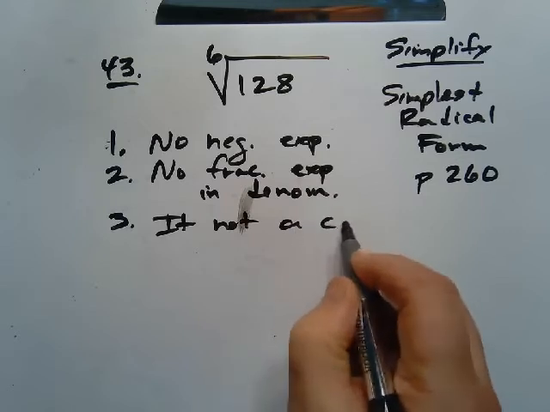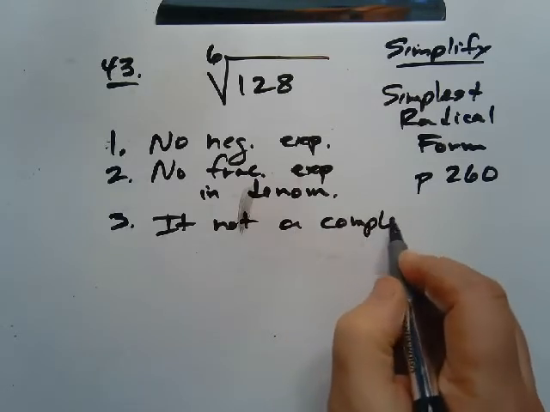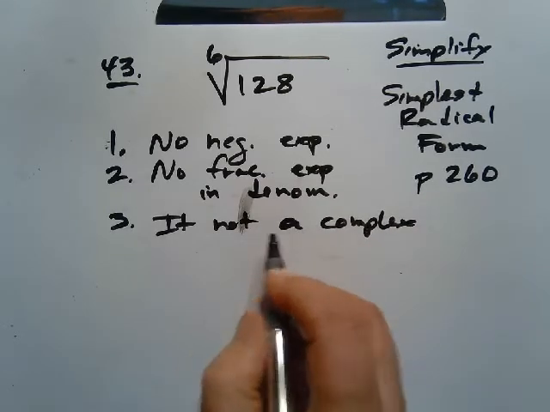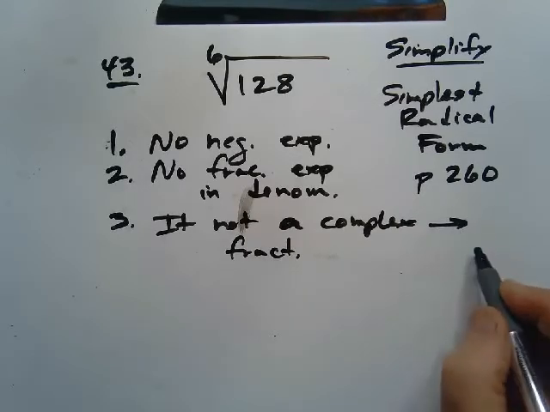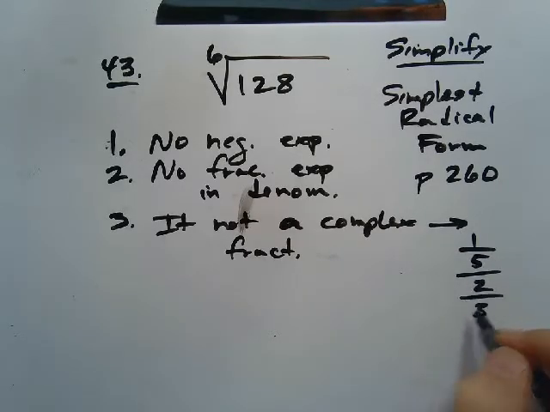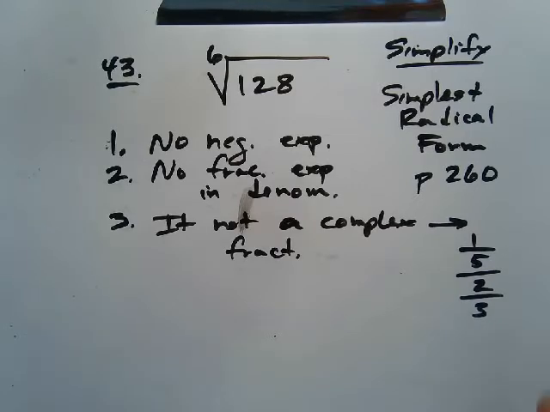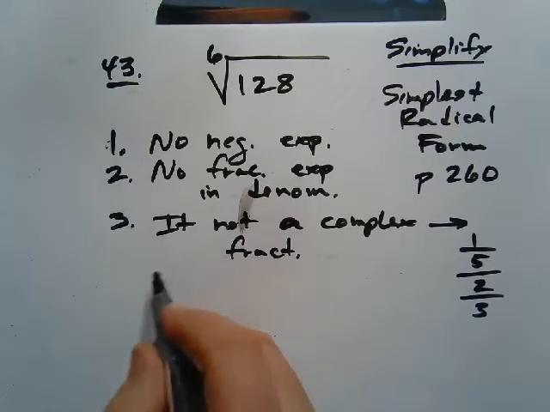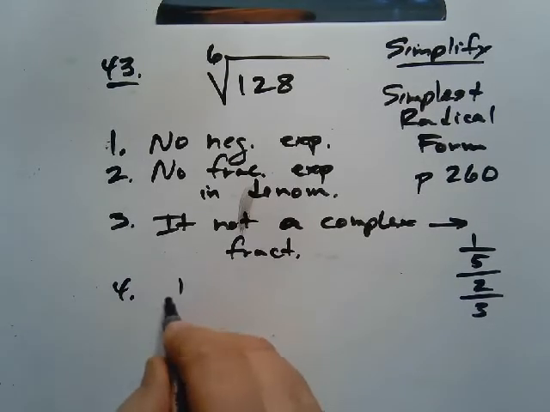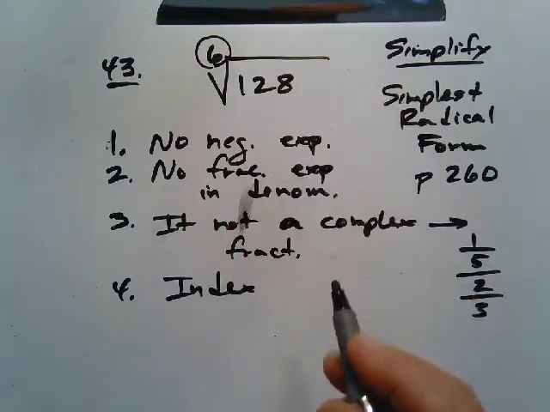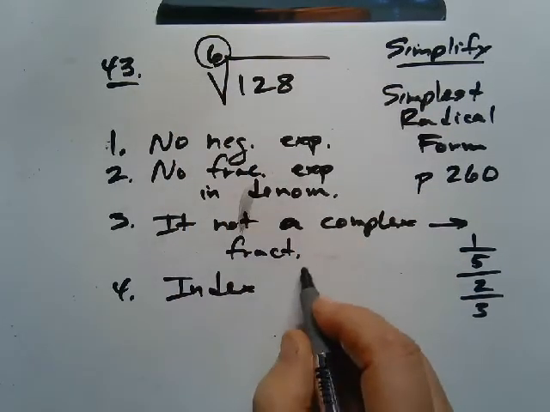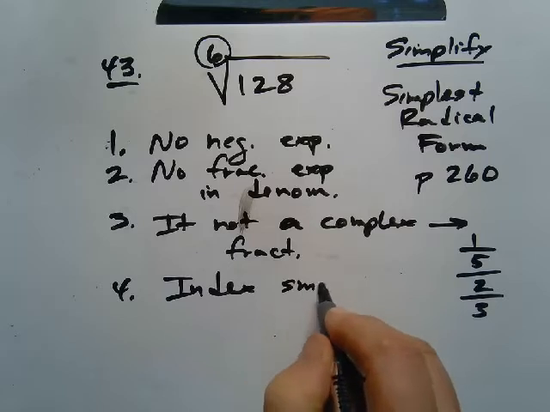A complex fraction is a fraction where there's a fraction within a fraction. A complex fraction would look like this, like 1/5 over 2/3. That's a complex fraction. That's not allowed. And finally, the index, and the index happens to be this number at the top, on the corner. The index has to be the smallest possible.